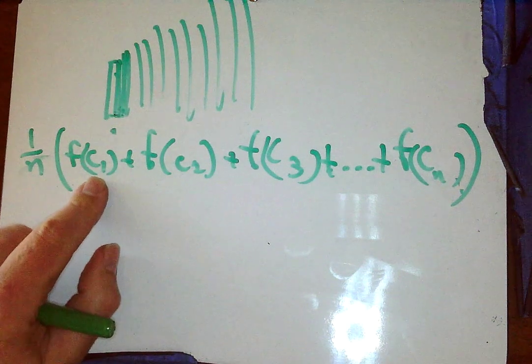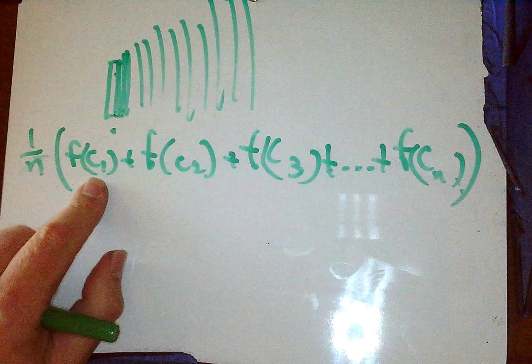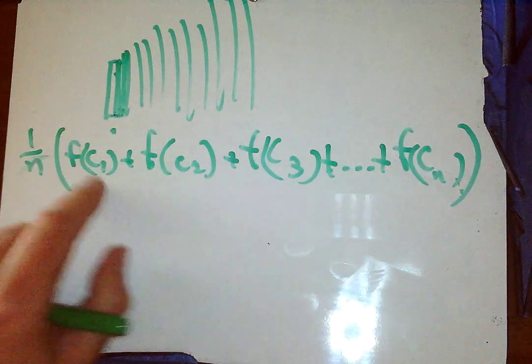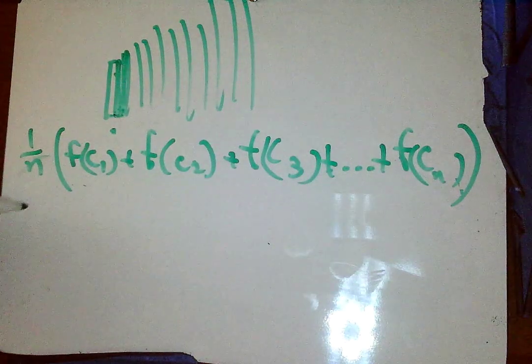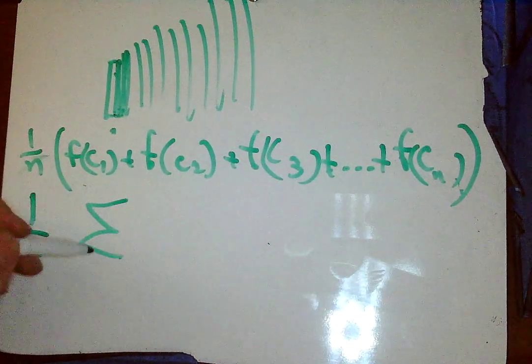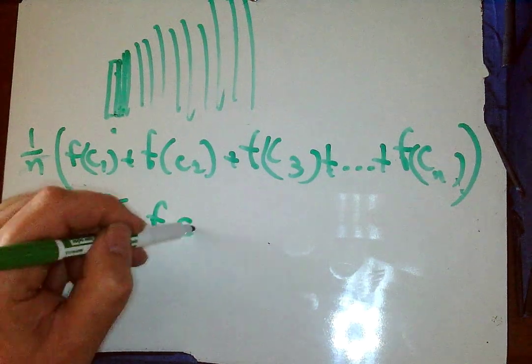Remember when we started talking last semester about sigma notation? And sigma was a way that we could write this sum. And so if I wrote this now with sigma notation, I would say the sum of f of c sub k.